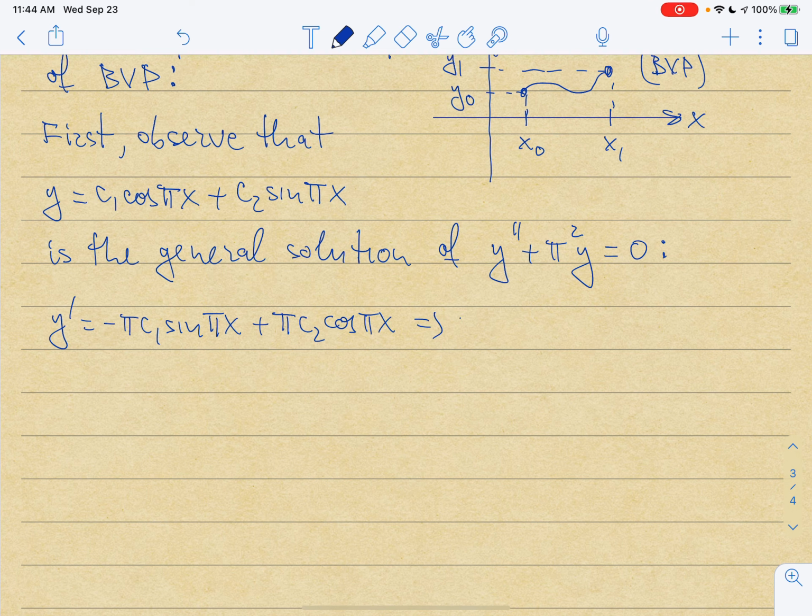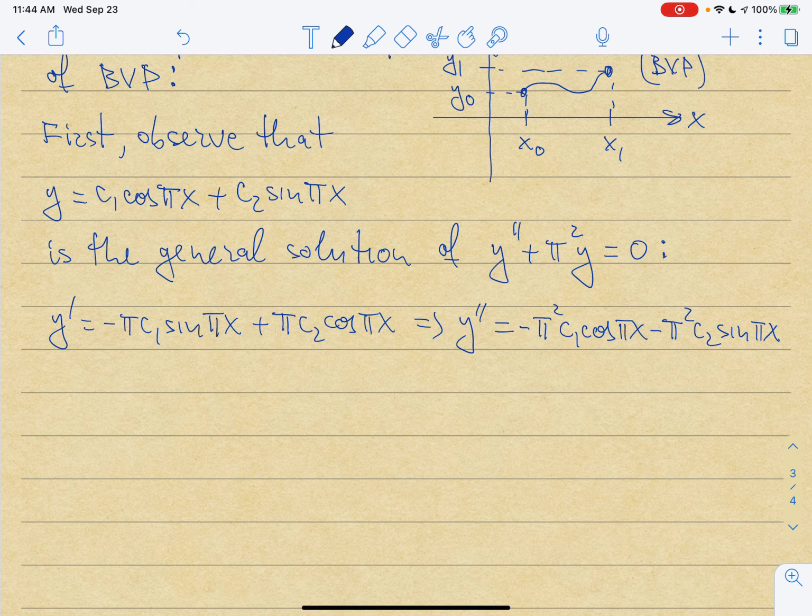Then the second derivative, y double prime. Again, I take a derivative of sine of pi x, I get cosine of pi x, and chain rule says pi comes out, so we get minus pi square c1 cosine pi x. And then the derivative of cosine of pi x is minus pi sine pi x, so minus pi square c2 sine pi x.